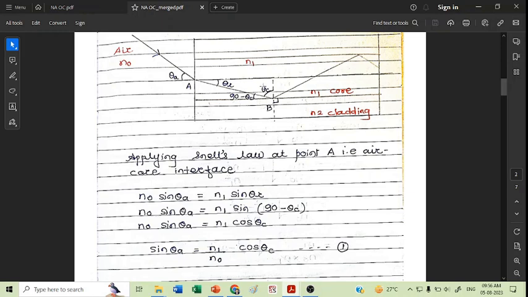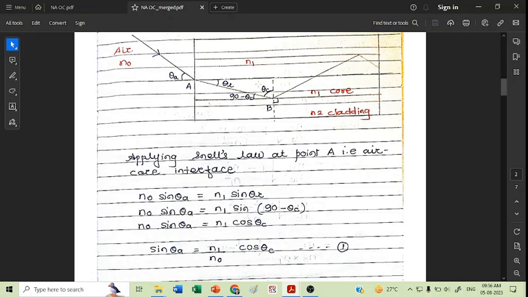The refractive index of core is n1 and this angle is theta c. So n1 into sin theta c is equal to n2 into sin of this angle. At B it is 90 degrees, so on the right hand side it is n2 sin 90.